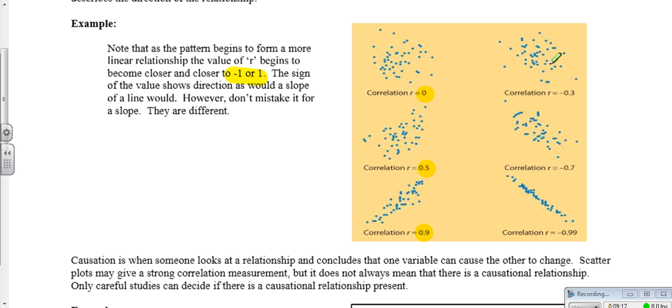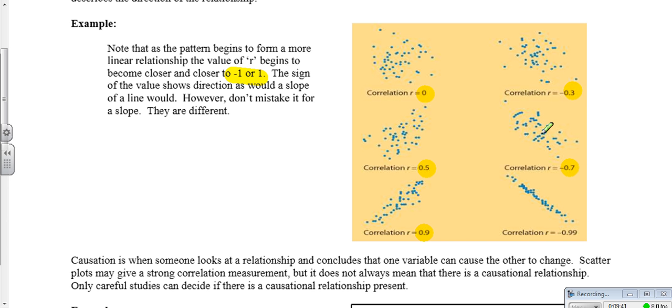On the other column here, we have negative relationships, and that's the only relationship to slope that correlation has, positive and negative. Otherwise, it doesn't relate at all to slope. So here we have a negative 0.3. Negative means a downward trend, but 0.3 is not very tight, not very narrow. Negative 0.7, pretty good.